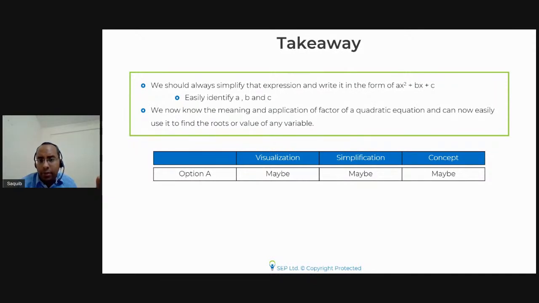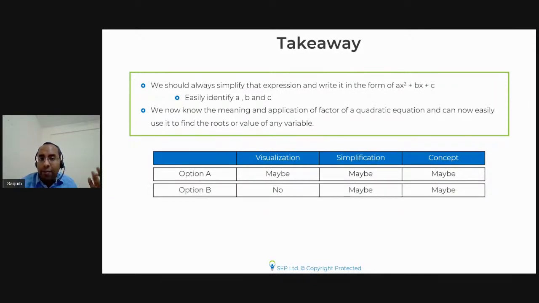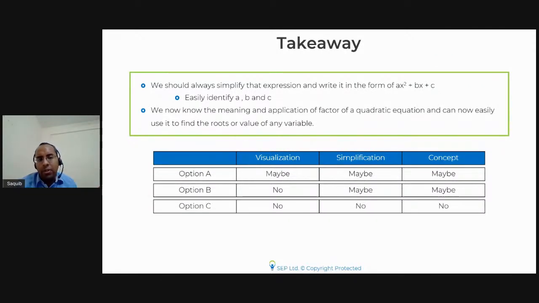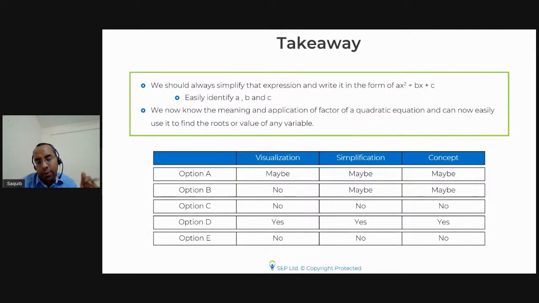You understand certain things, okay, but you should have marked D as your answer. So your concepts, visualization, simplification skills are good, but still not up to the mark. Those of you who marked B, you were not able to visualize the part that x minus 3 is the root, and it's because obviously some of you don't know it. It's a very specific thing, but I hope after this you should be able to do it. Those of you who marked D, well and good, congratulations, you know this stuff, which is good.